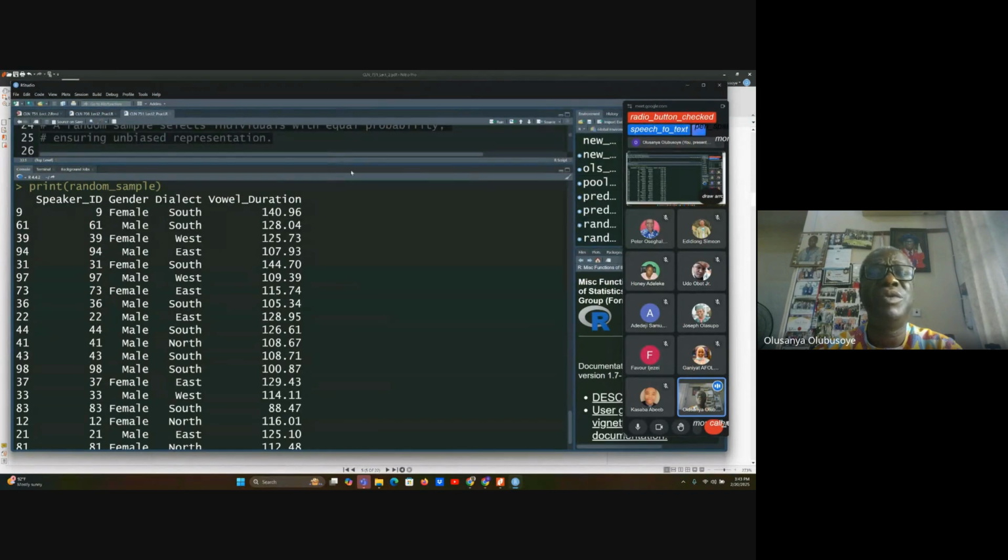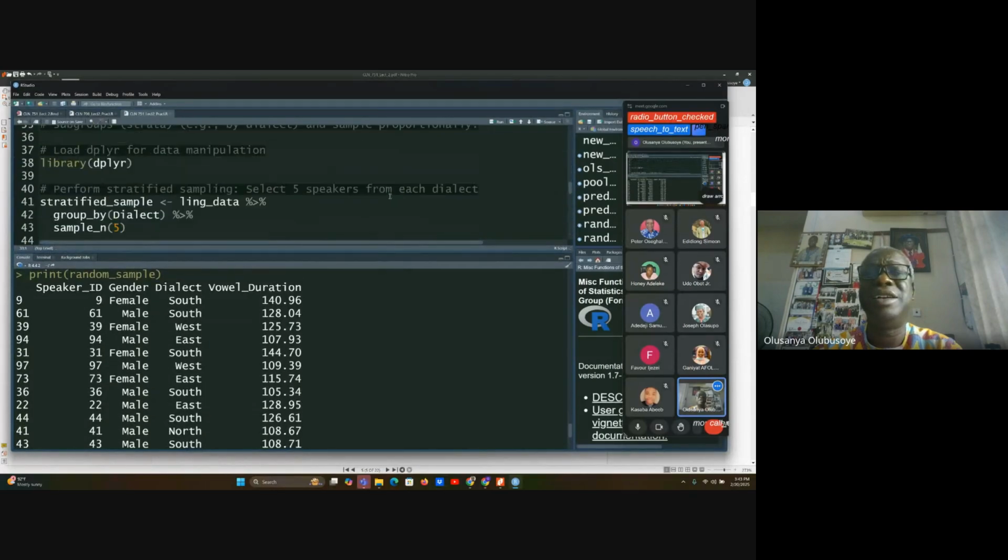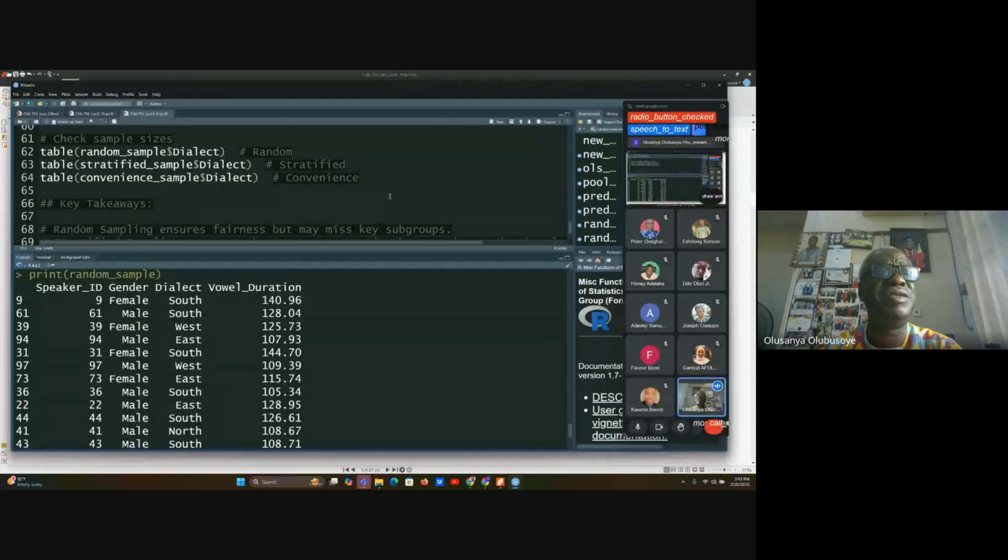But let's look at the performance of this. Let's suppose we tabulate this, to see whether we have an equal number of people, whether the dialects are fairly represented.